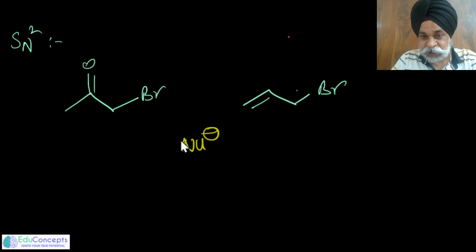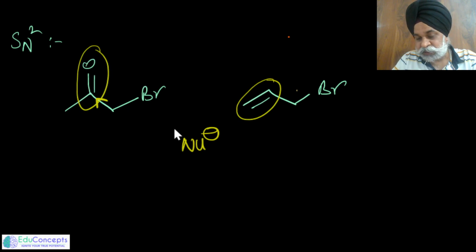Why is it a very good site of attack of nucleophile? Because the CO group is a strongly electron withdrawing group, and this also would help when you have unsaturation at the next position to the carbon. There is unsaturation here, there is also unsaturation here.